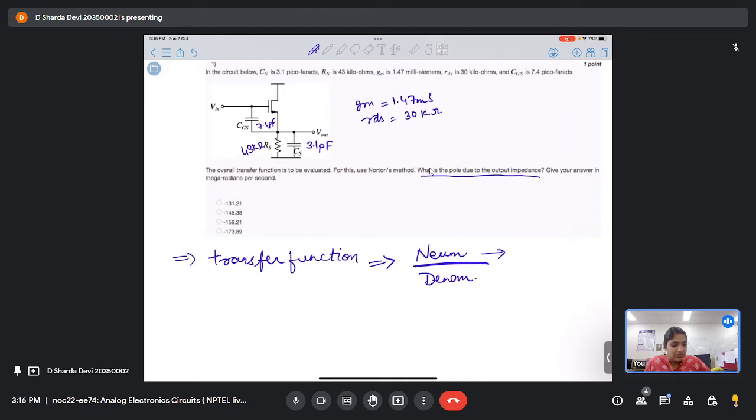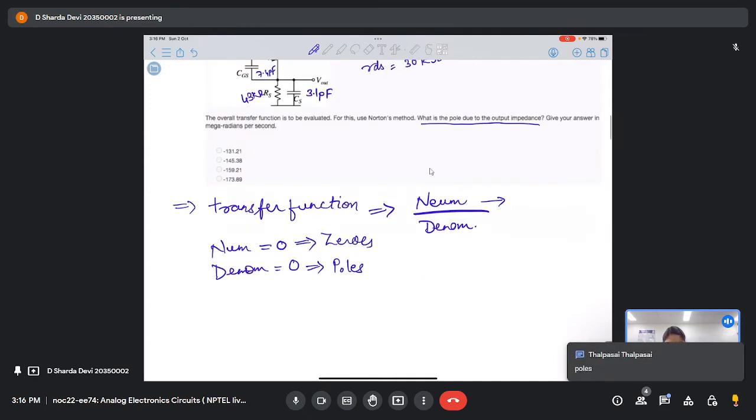So when you turn your numerator to 0, you'll get few roots, and when you turn your denominator to 0, you'll again get few roots. What are these roots called? Numerator, the roots from numerator called? Zero. Yes, they are zeros. And the roots from denominators are known as poles, right? So once if we know what are the zeros and poles, we can simply write down the transfer function, right? The moment we know the zeros and poles.